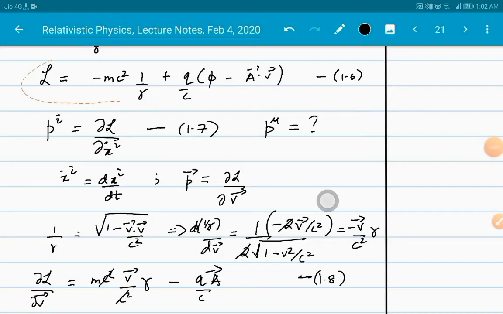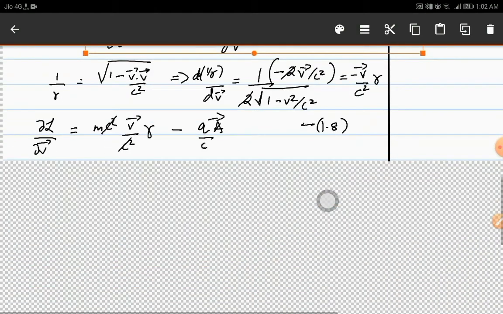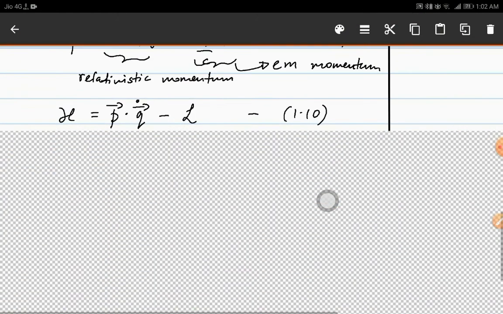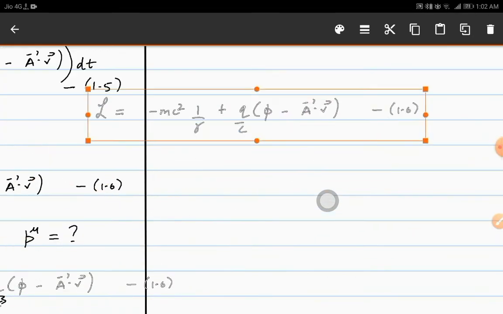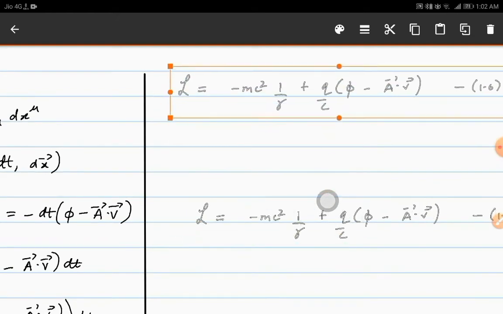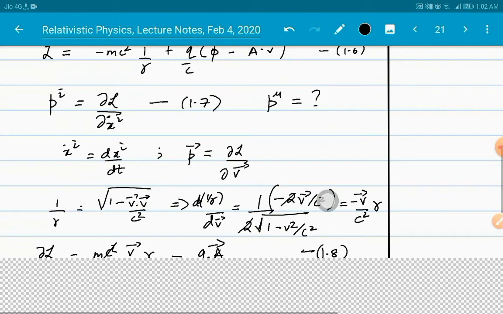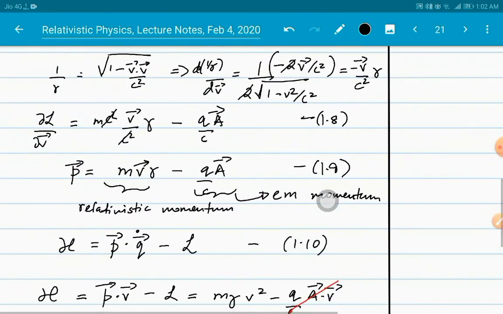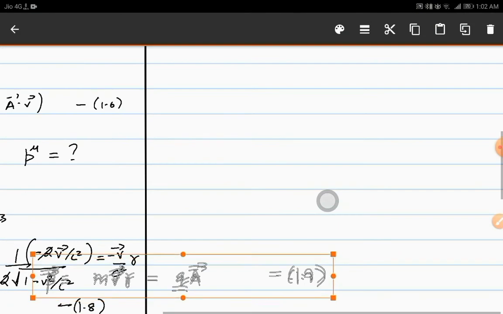Let us pause for a moment and gather together all the facts that we have discovered so far. One is this expression for the Lagrangian. The other is the expression for the momentum of the particle, the canonical momentum, I should say.